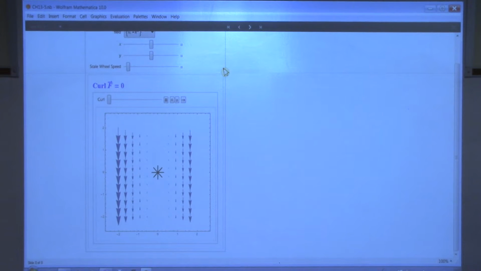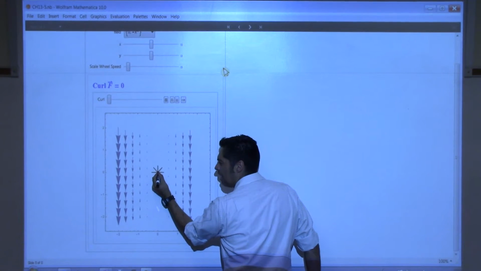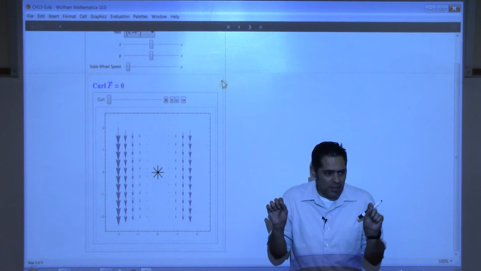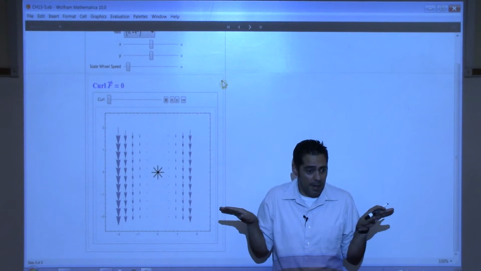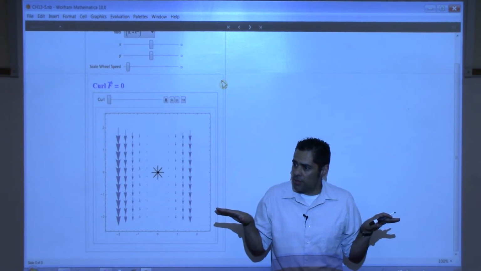That's because the force on each side of the paddle wheel is equal. So what I want you to do is imagine that we're actually looking at a single point, and imagining these infinitesimally small paddle wheels, and we just stick them out and we see what happens. If we stick them out and nothing happens, the curl is 0.